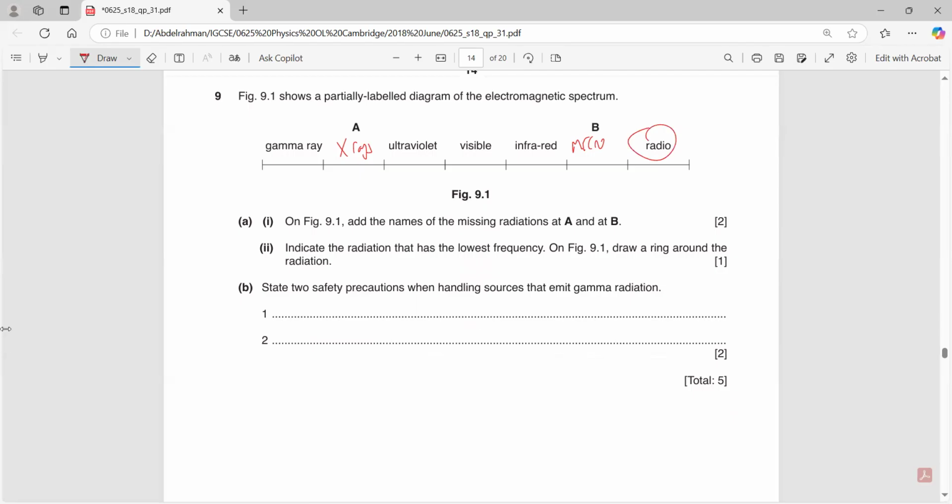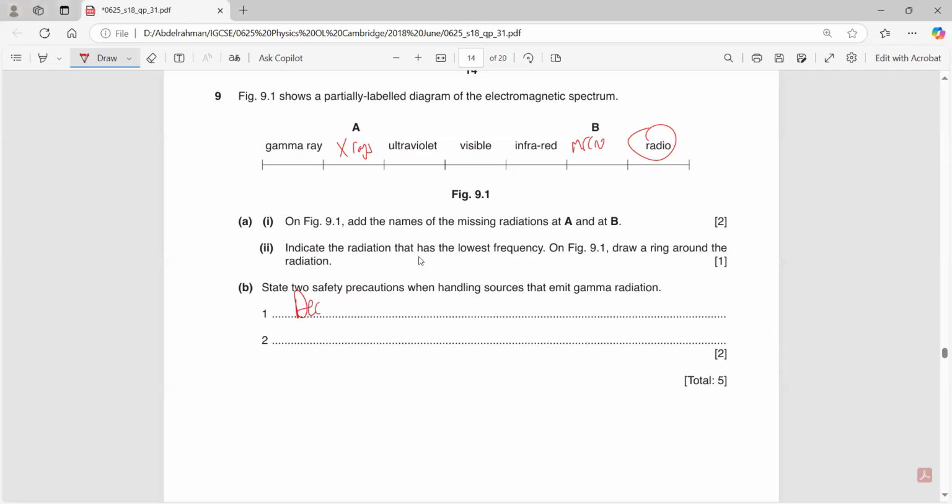State two safety precautions. Increase the distance. Decrease the time of exposure. Use a protective barrier.